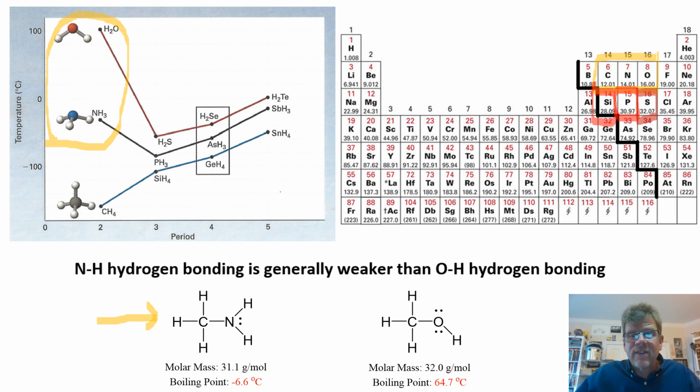And this again is a testament to the fact that OH hydrogen bonding is stronger than NH hydrogen bonding, or if you like, you can turn it around and say NH hydrogen bonding is generally weaker than OH hydrogen bonding.